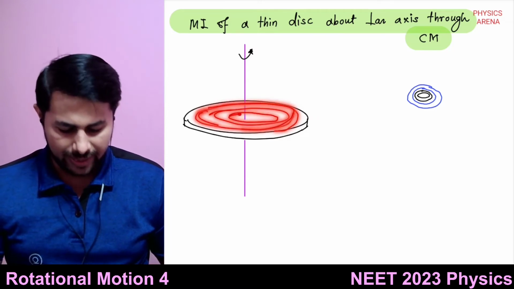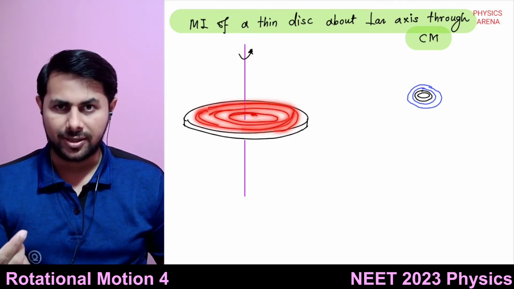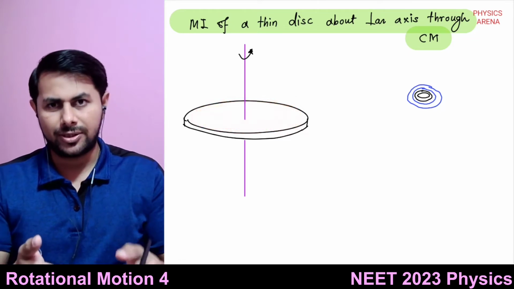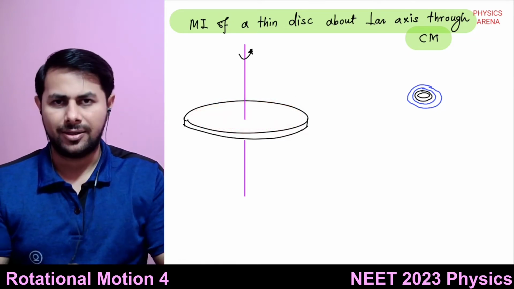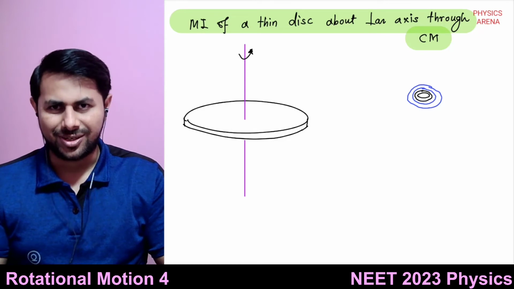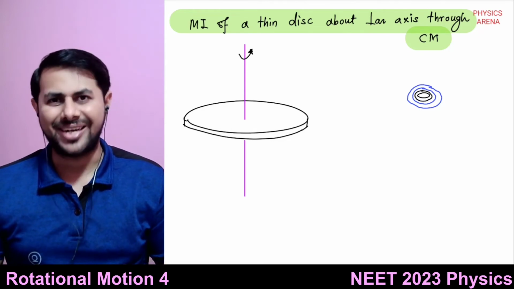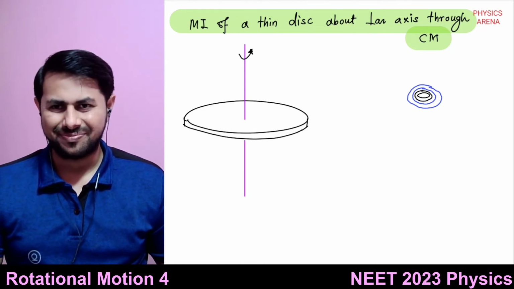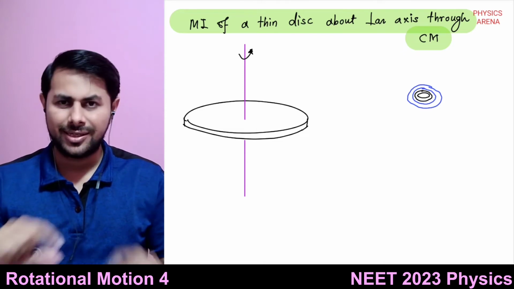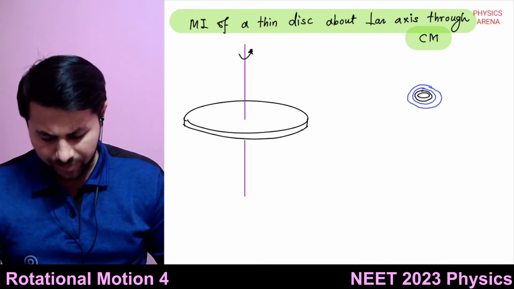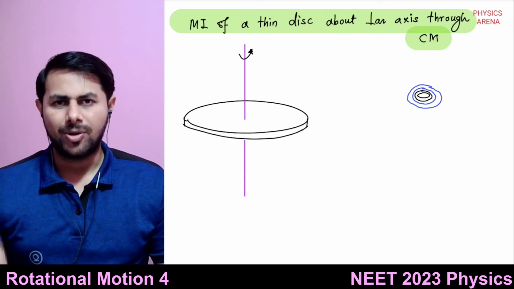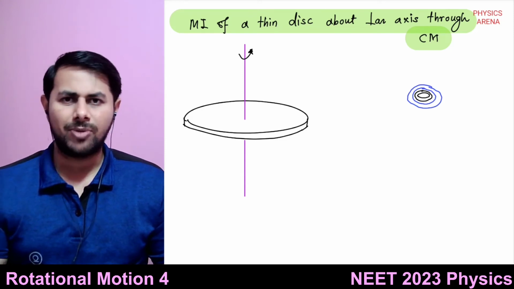Then again, I can cut out this portion, so I will get the third ring. If I take those rings and put them back in contact with each other, I will get back the disk, right? So this disk can be assumed to be made up of small rings, rings of very small thickness.